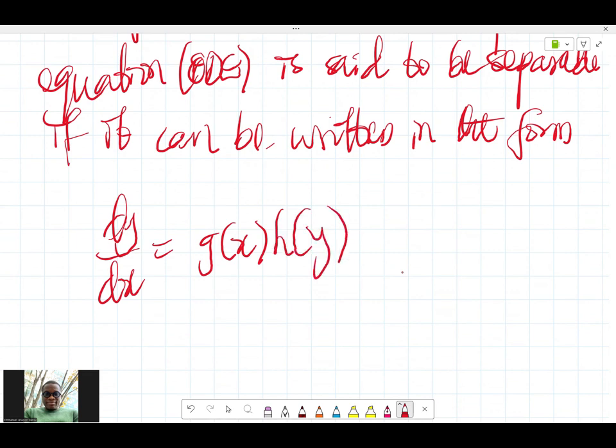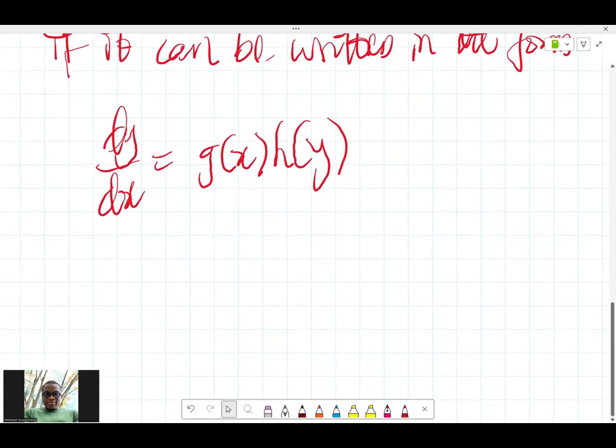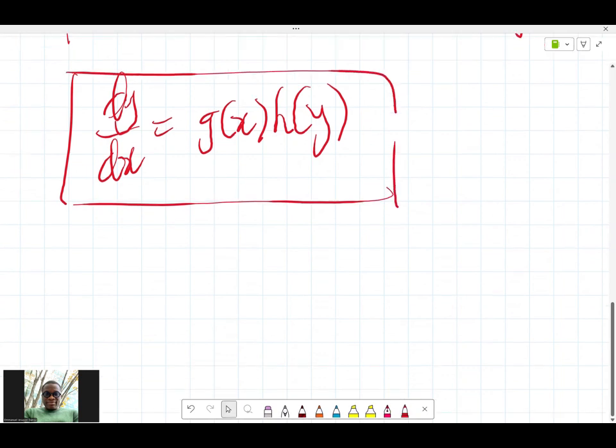So that way, you can put dy and h of y together, and then you can put the x and g of x together, right? So this is the separable form in generality.